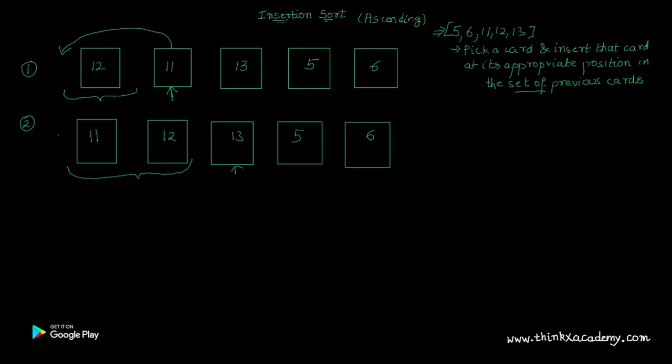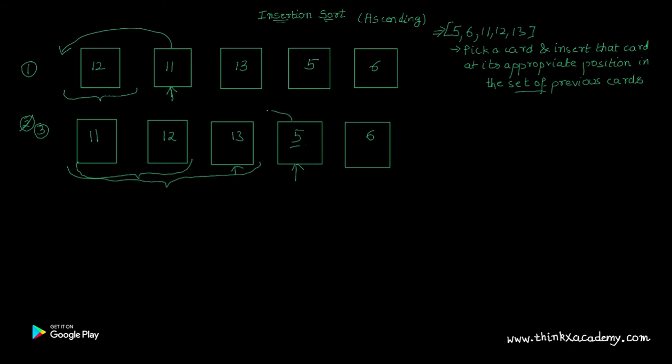In the third step, I'm going to mark it as 3 now, we are going to consider the next card, which is 5. I will pick up this card, and we know that the previous set of cards is 11, 12 and 13, and I will place this card 5 at its appropriate position.